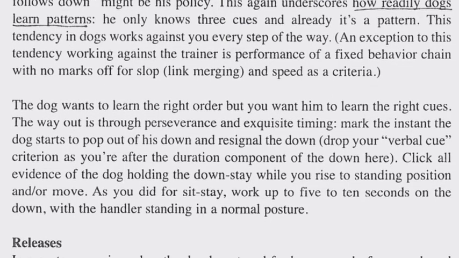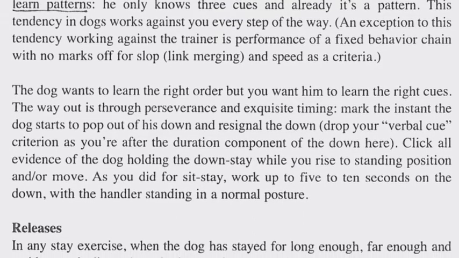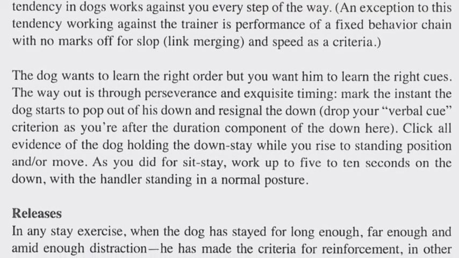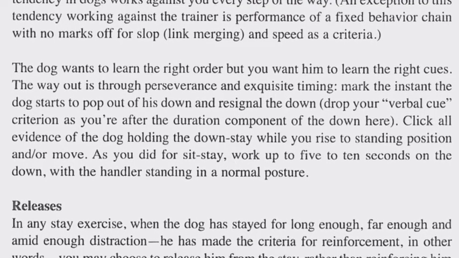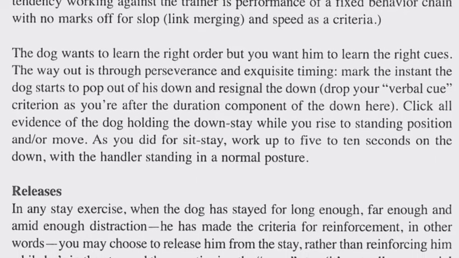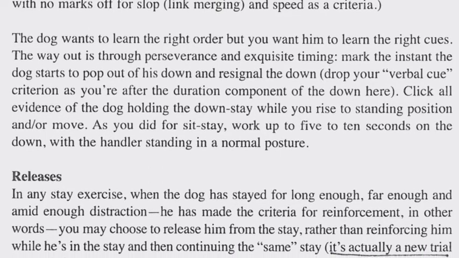Drop your verbal cue. Criterion as you are after the duration component of the down here. Click all evidence of the dog holding the down stay while you rise to standing position and or move. As you did for sit stay, work up to 5 to 10 seconds on the down with the handler standing in a normal posture.